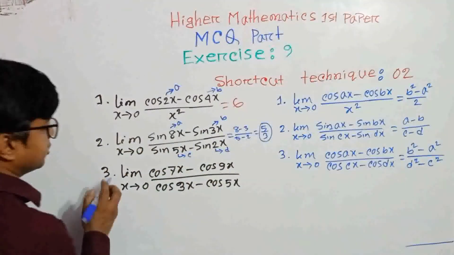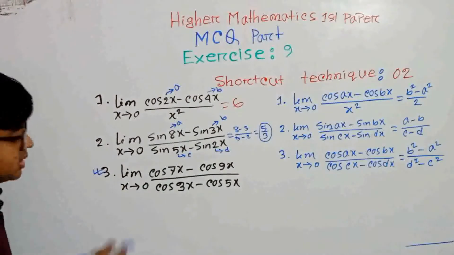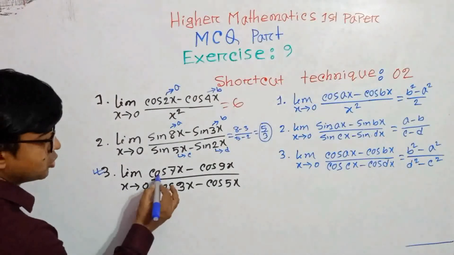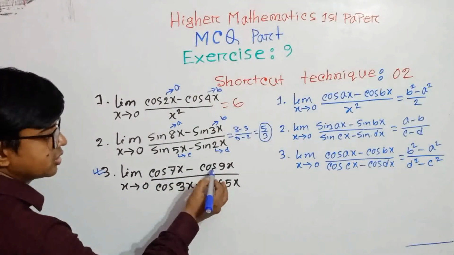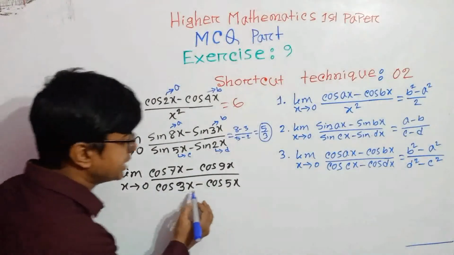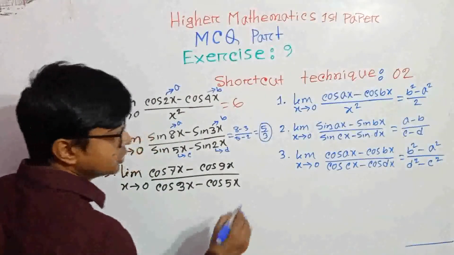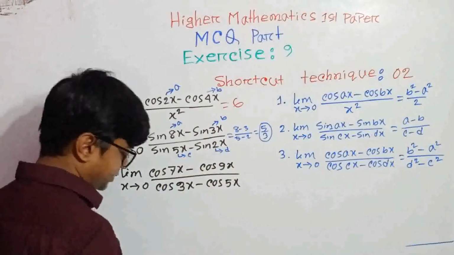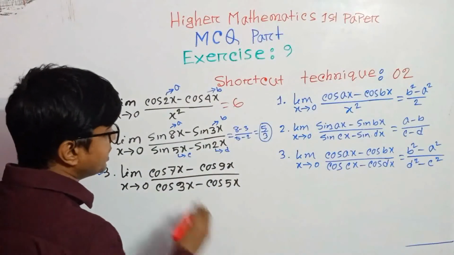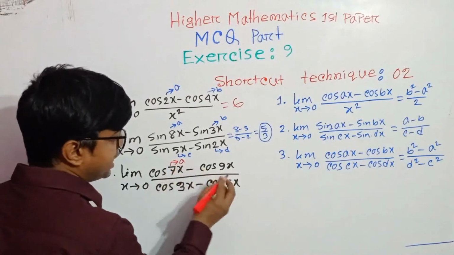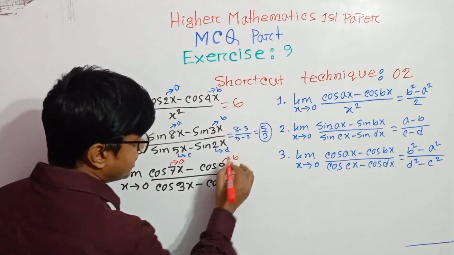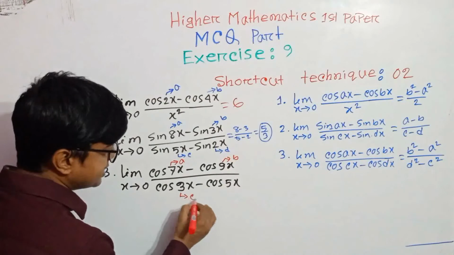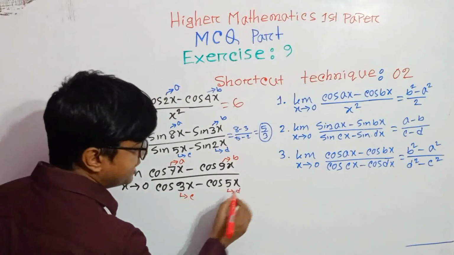So here question number 3, limit x tends to 0, cos 7x minus cos 9x by cos 3x minus cos 5x. So this formula is applicable for this math. Here suppose 7 is a and 9 is b and 3 is c and 5 is d.